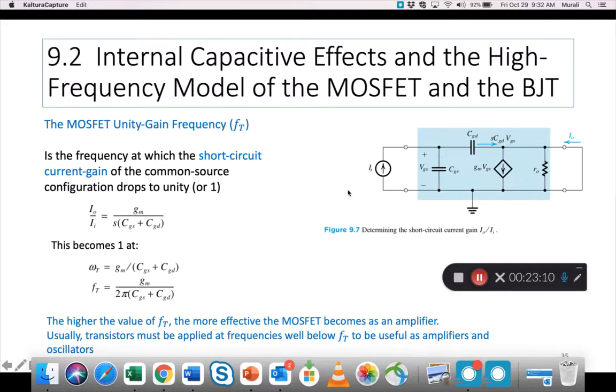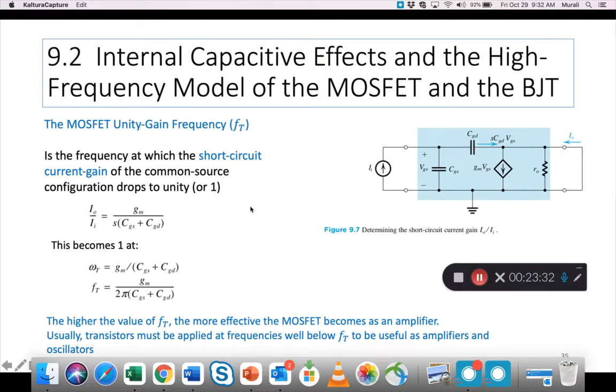Not necessarily the minus 3 dB cutoff frequency, but the frequency theoretically that is the highest you can go in terms of input frequency. You generally have to be well below this frequency.